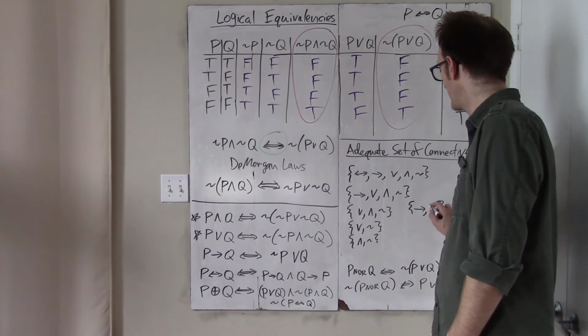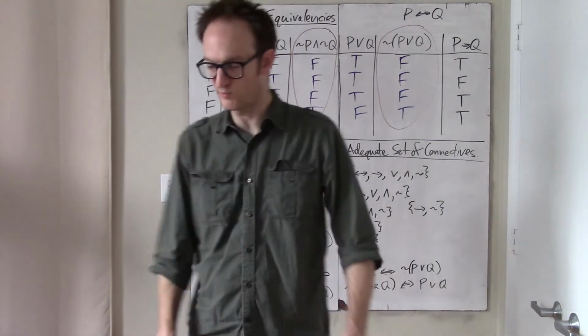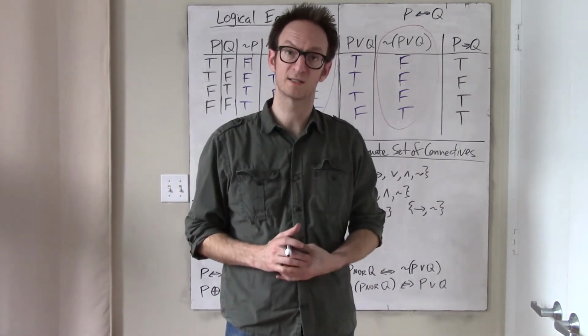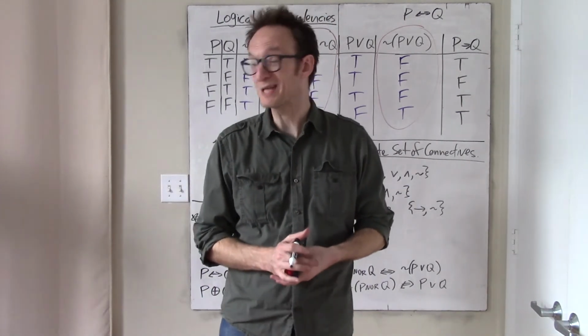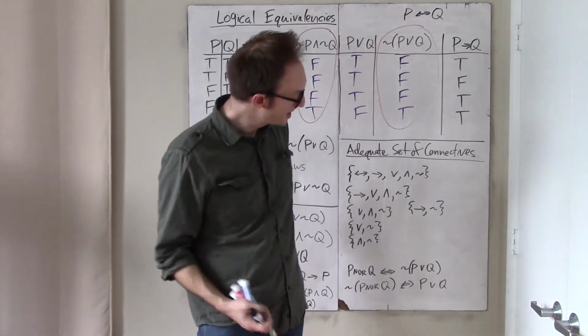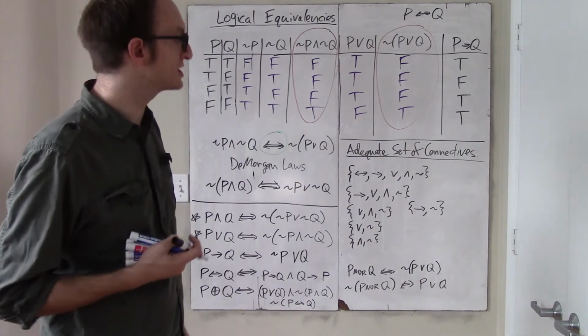And owing to the ubiquity of conditionals in statements of philosophy and mathematics, you might actually want an entire system which is based only on the arrow, which many logicians have done.